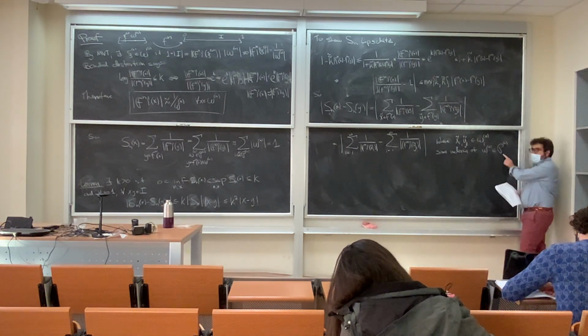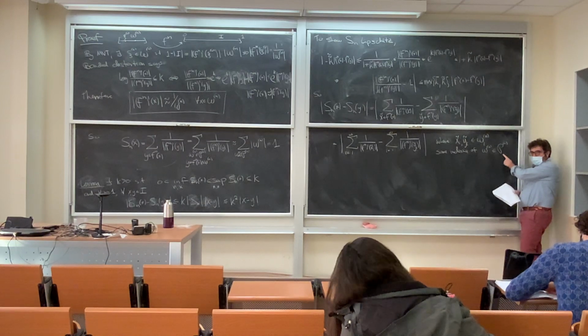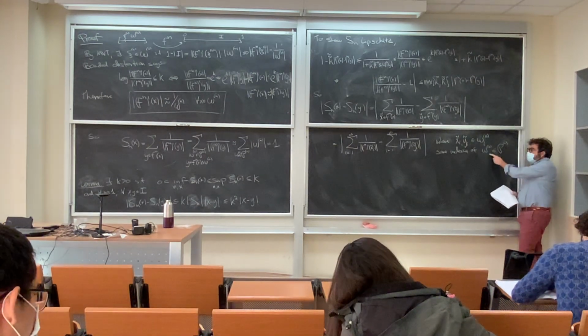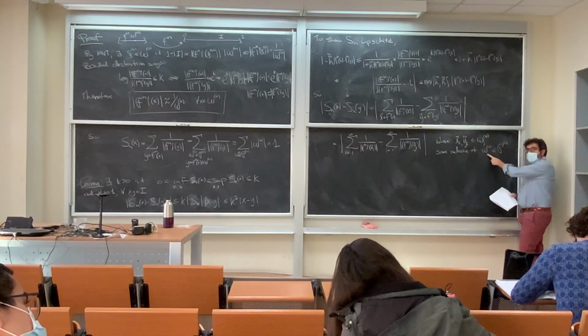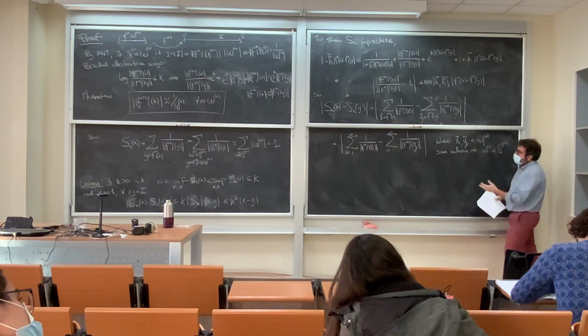So Pn is a countable partition into subintervals. Remember that in principle it may be very complicated, right? If it's a finite partition, this is obvious.